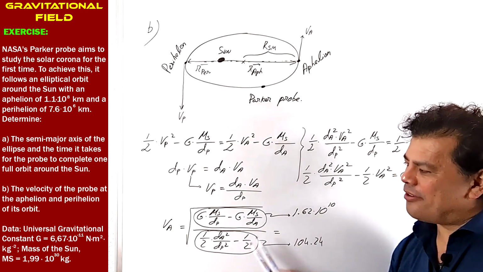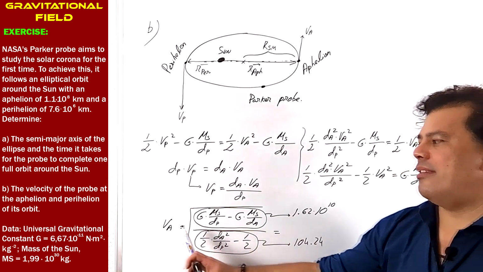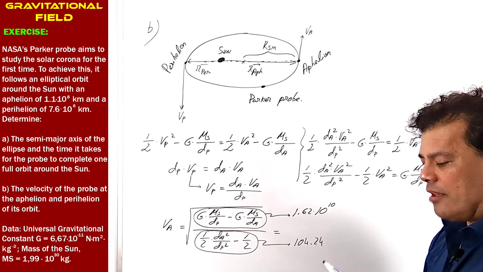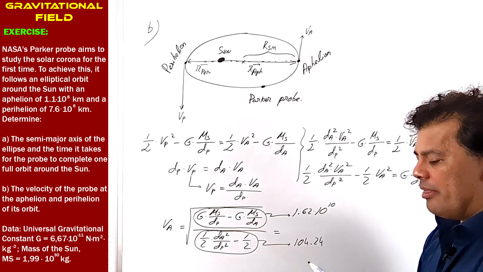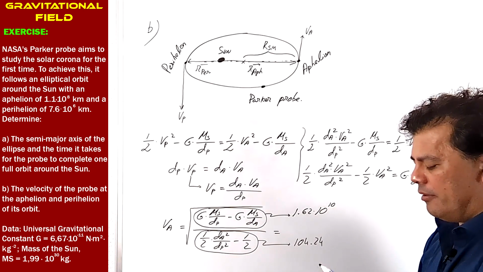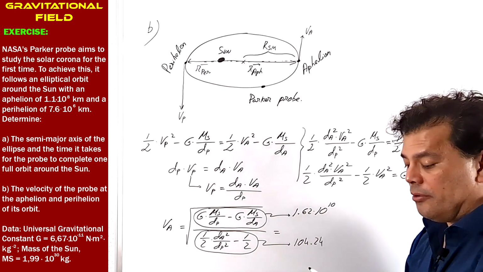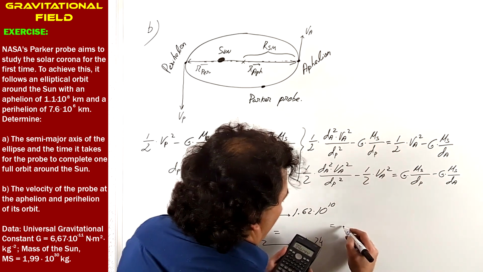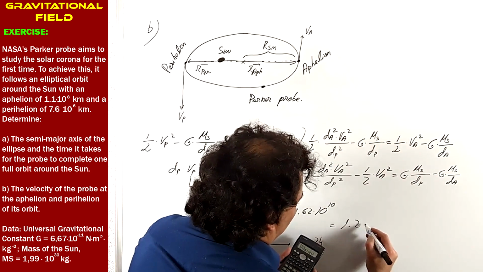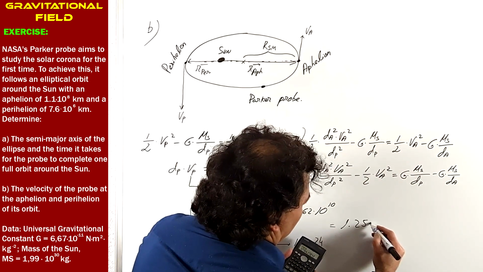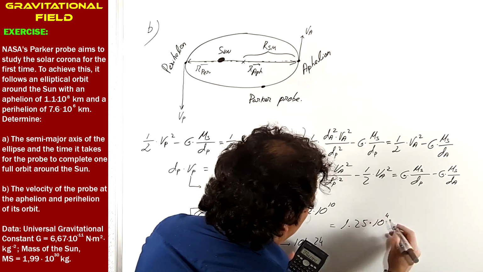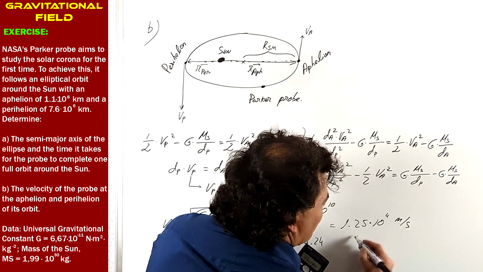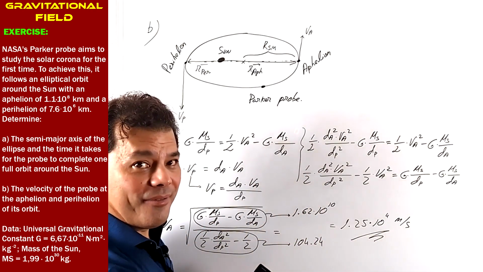Now we can do together the final result for the velocity at the aphelion, that is 1.62 times 10 to the 10 divided by 104.24 and a square root of the result, and we are obtaining 1.25 times 10 to the 4 meters per second at the aphelion.